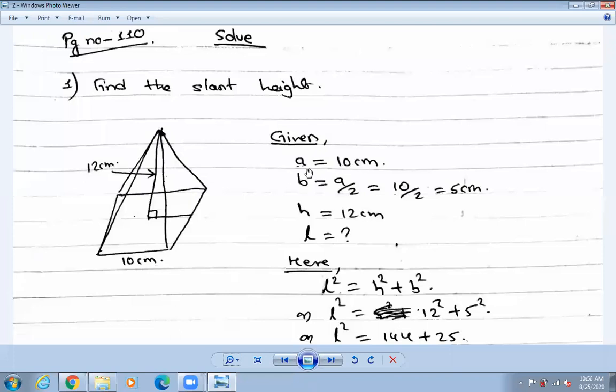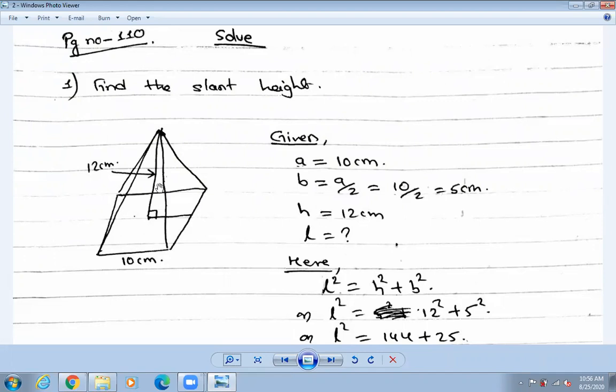If you found the value of A, then B is the half of A, do you remember? That means A by 2, which is 10 by 2, which means 5 centimeter.